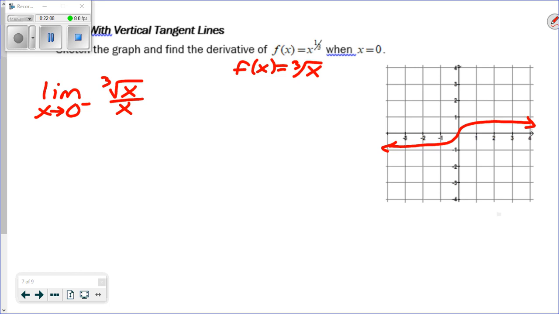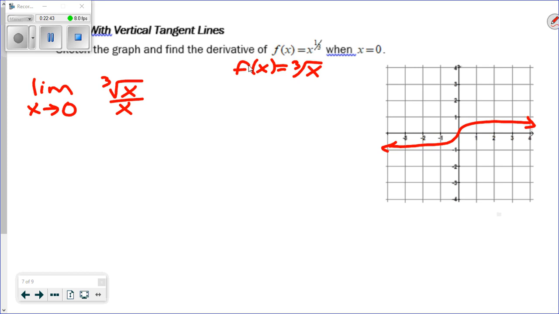We know this is a derivative, so let's think in terms of slope. Actually, you know what? I'm just going to make this a general or two-sided limit in this case. The problem that we're leading to here is that this limit does not exist.